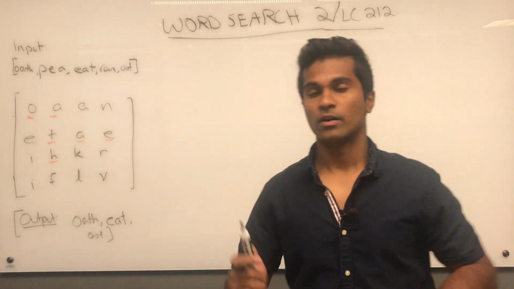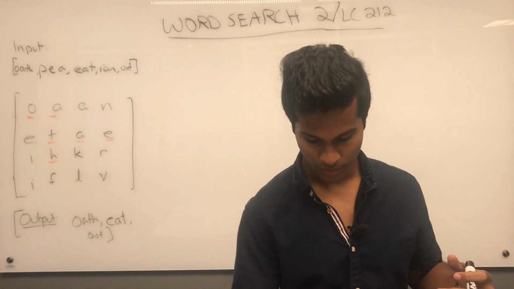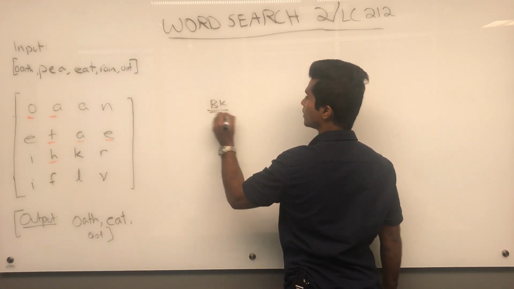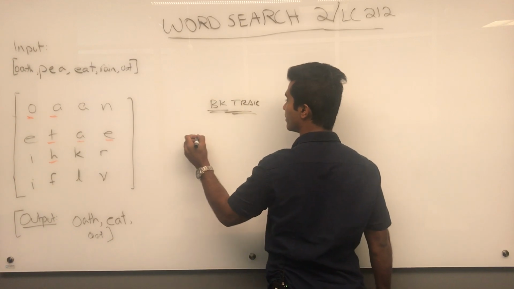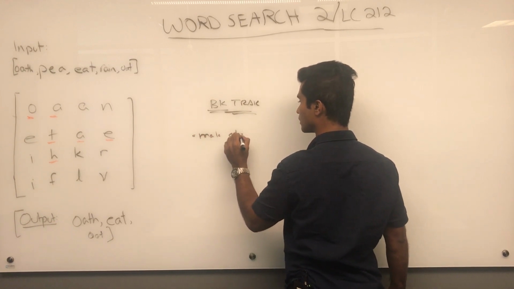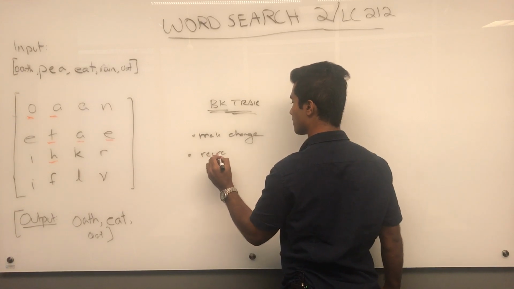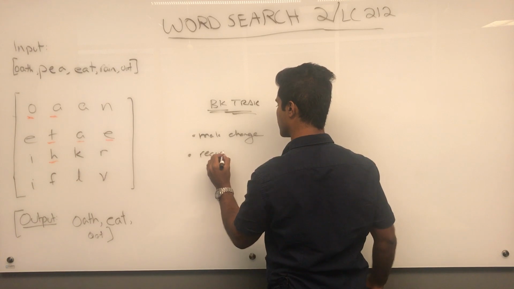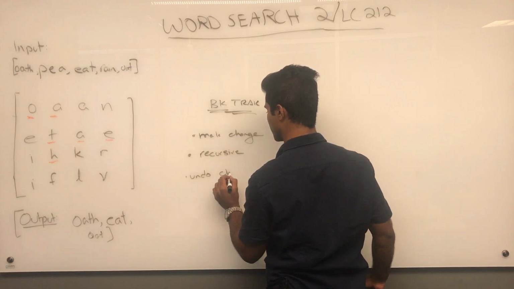Cool. Now that we've gone over the trie part of the question, let's go over the backtracking part of the question. So in backtracking, it's generally just like this, right? Backtracking: we make a change, recurse, and we undo the change.